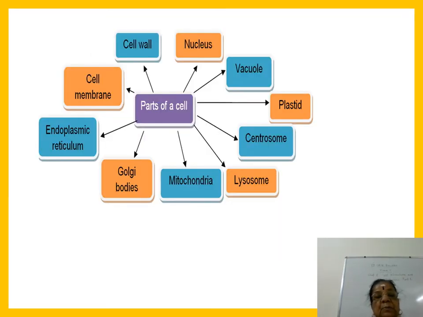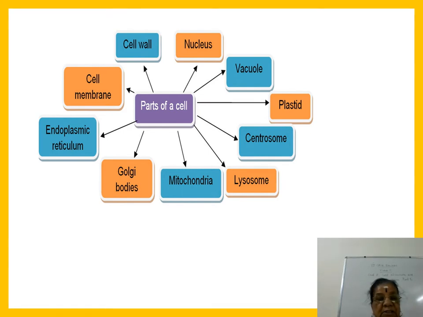Okay. So first, the parts of a cell: cell wall, cell membrane, nucleus, vacuole, plastid, centrosome, lysosome, mitochondria, Golgi body, endoplasmic reticulum with the ribosome. Normally lysosomes are absent in plant cells; if present, they are found only in very few plants. In the same way, plastids are absent in animal cells, and vacuoles are also absent in animal cells; if present, they are very small in size.